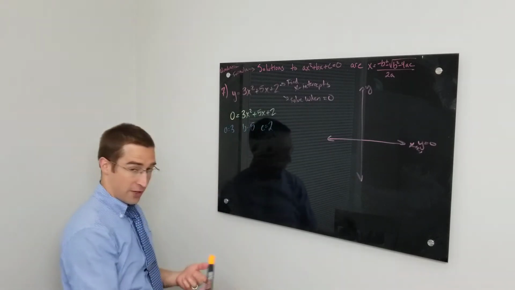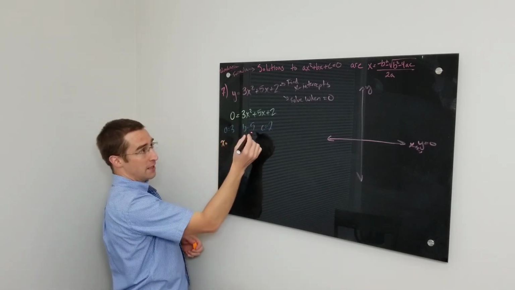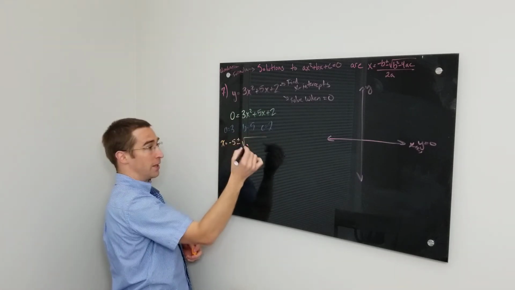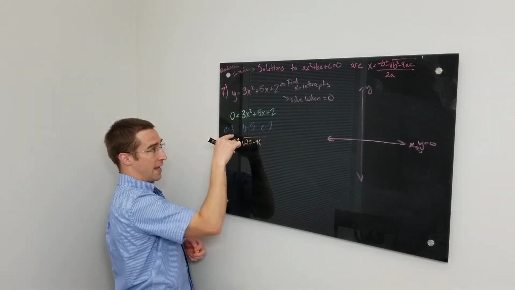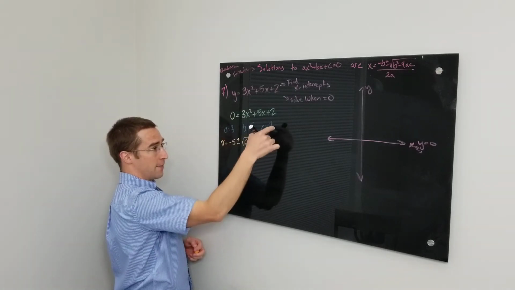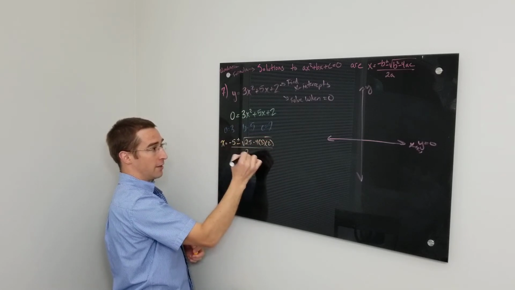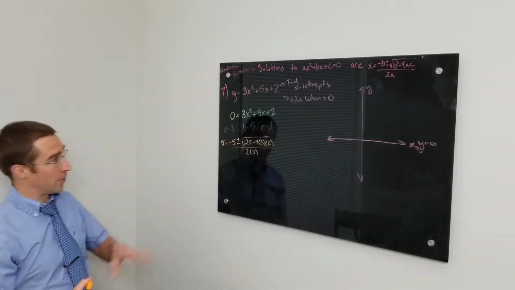Now I'm going to use my quadratic formula. So x equals negative b, so negative 5, plus or minus the square root, b squared, 5 times 5 is 25, minus 4 times a times c, divided by 2 times a. Okay, so I got my quadratic formula.